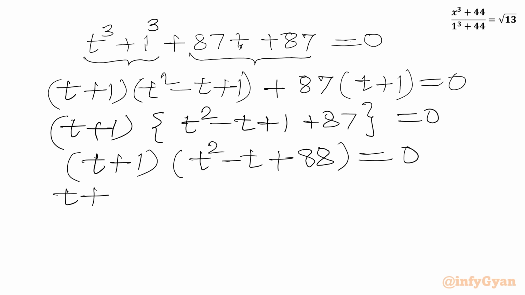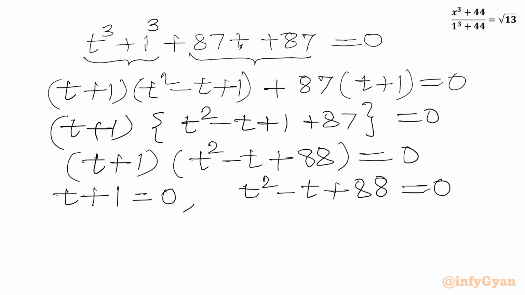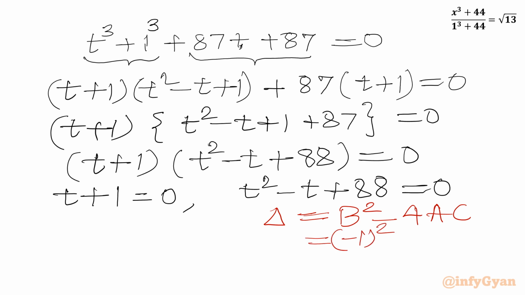Now we will conclude two equations. Either t + 1 = 0 or this quadratic t² − t + 88 = 0. Now I will check the discriminant value for this quadratic equation only. Discriminant Δ = b² − 4ac. b is the coefficient of t, so (−1)² − 4 times 1 times the constant 88.